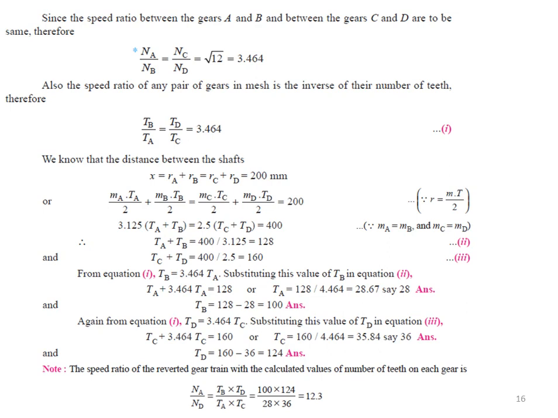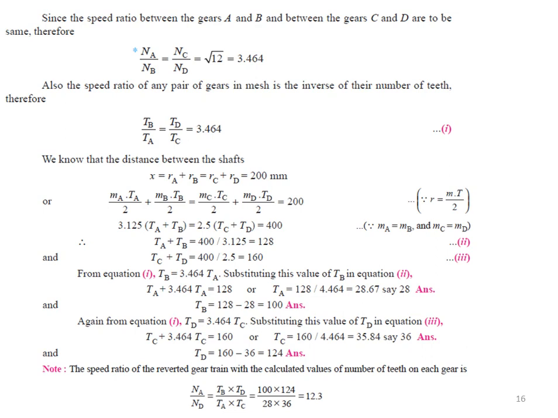So using that you get TB by TA, or TD by TC, and the distance of the shaft is also given, that is RA plus RB equal to RC plus RD, that is 200 mm. So the distance will be equal to M into T by 2, taken as radius. So MA TA by 2 plus MB TB by 2 will be equal to MC TC by 2 plus MD TD by 2, that will be equal to 200.